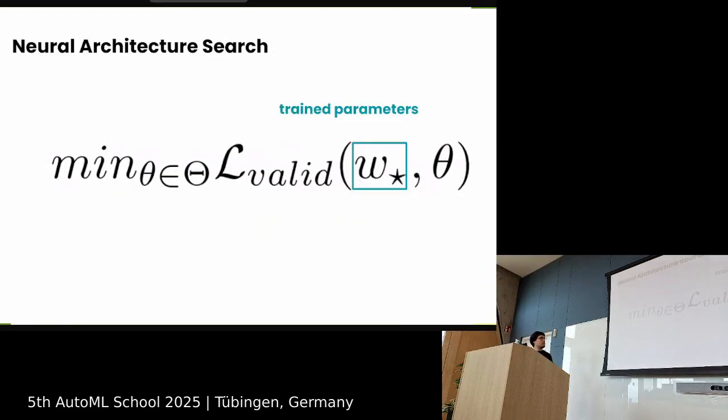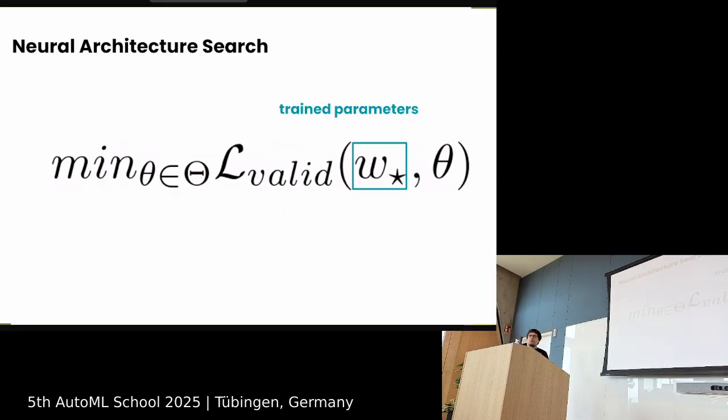And this is very orthogonal to hyperparameter optimization, right? So in hyperparameter optimization, you have essentially the same function, just that your feeders here are not architectures, those are just hyperparameters. But here you also need to train a machine learning model.